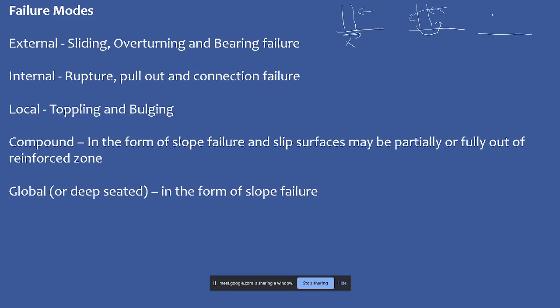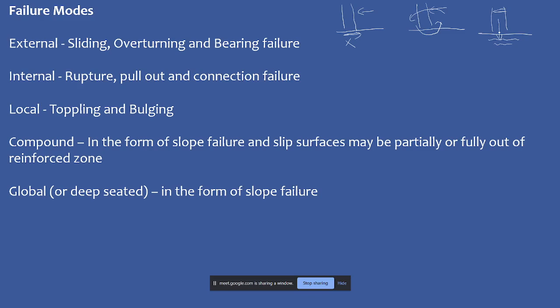If the soil available here is very loose such that the mechanically stabilized earth wall puts very high weight on the soil, this soil won't be able to bear the load coming from the wall, so we'll have bearing failure here.